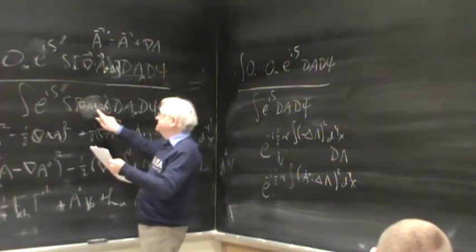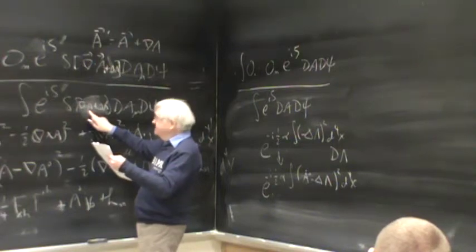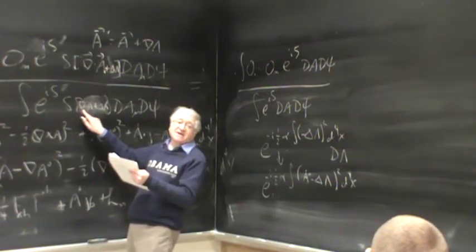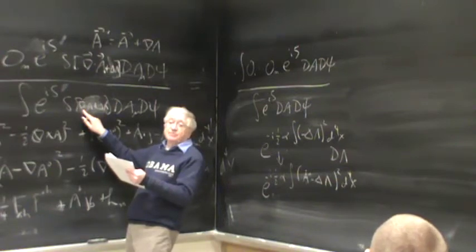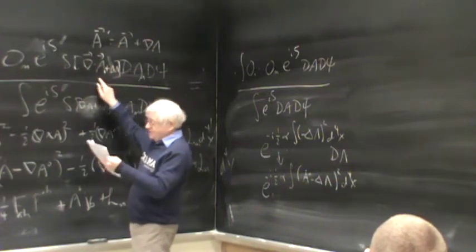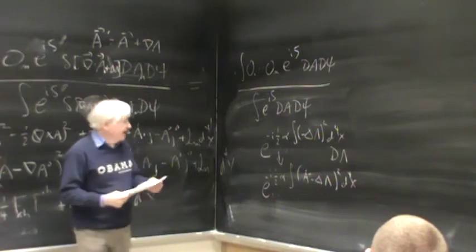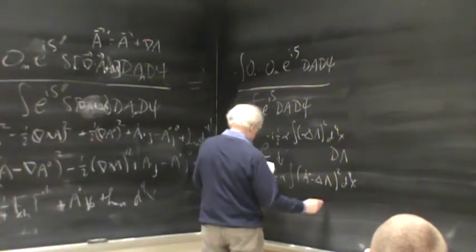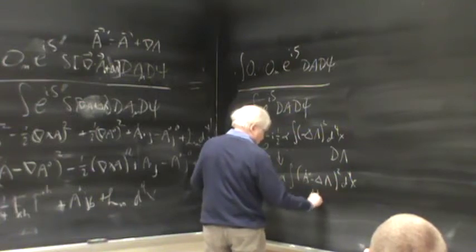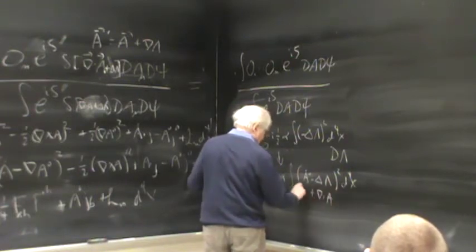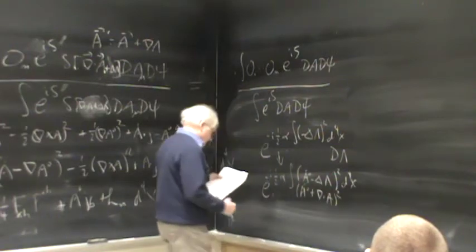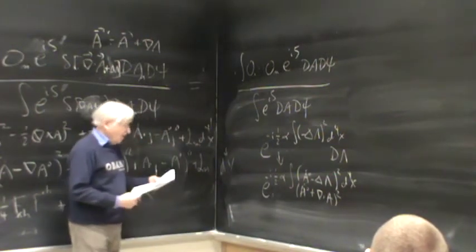Well, I'm sorry, the delta function then replaces the Laplacian of lambda by minus the divergence of A in the numerator and the denominator. And the result is that the Laplacian of lambda turns into plus divergence of A.